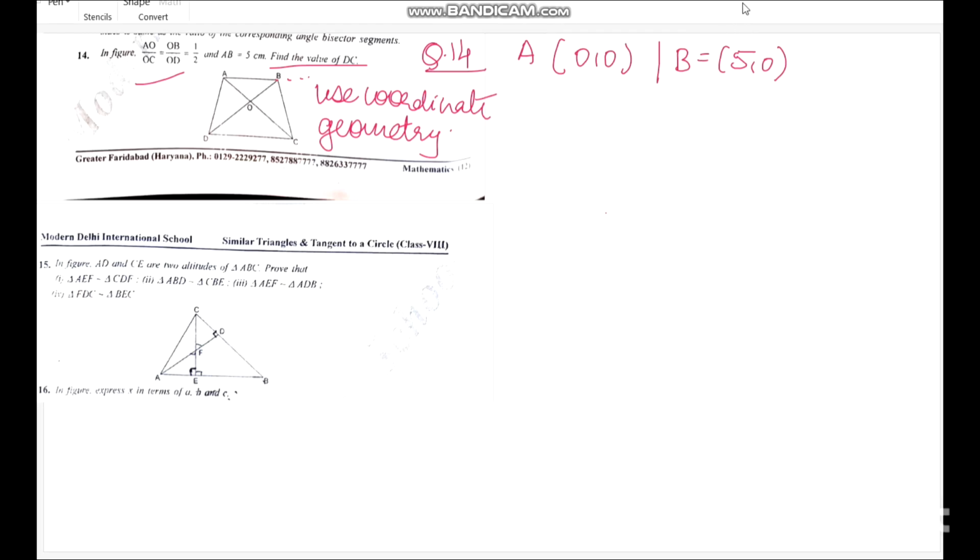So if DC is parallel to AB, I can say that I have the ratio AO upon OC equal to OB upon OD, right? So I can say that easily, the opposite sides are parallel.